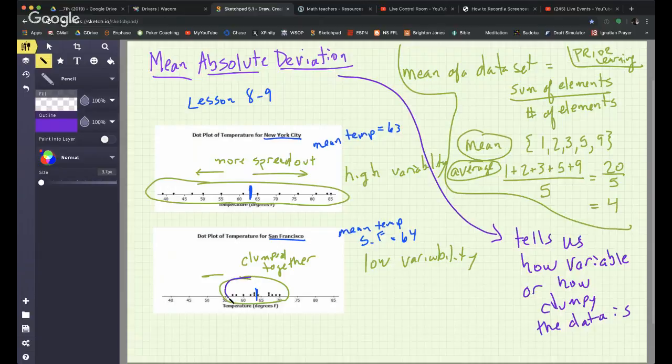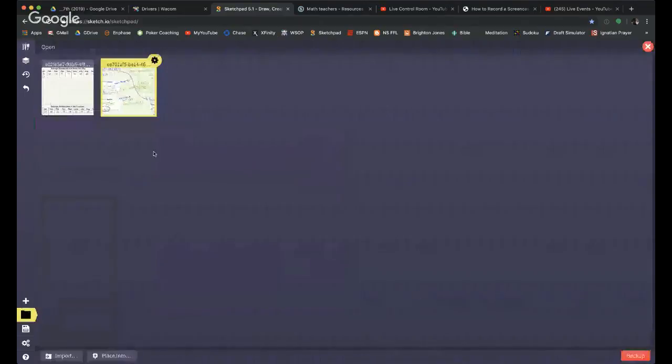This is clumped together and this is spread out, and we can see it visually, but we want a mathematical way of finding this out. And what the mean absolute deviation does is tell us just that. So let's just see how we do that.